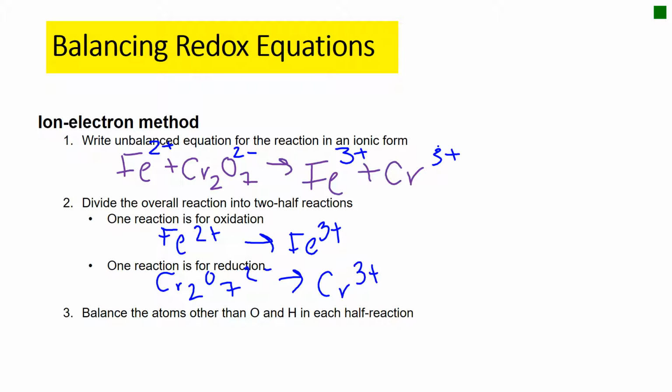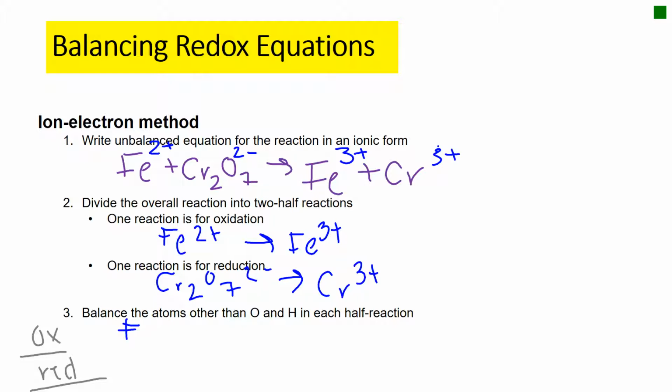Our third step is to balance the atoms other than oxygen and hydrogen in each half reaction. So we're going to have two reactions, first the oxidation and then the reduction. So the oxidation is, we're going to balance out the atoms by adding the electrons.